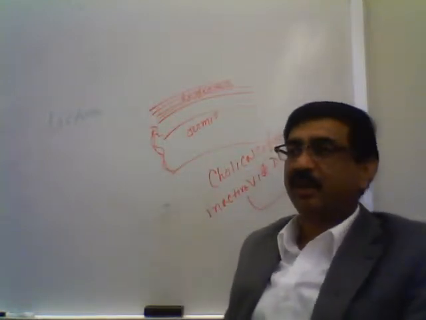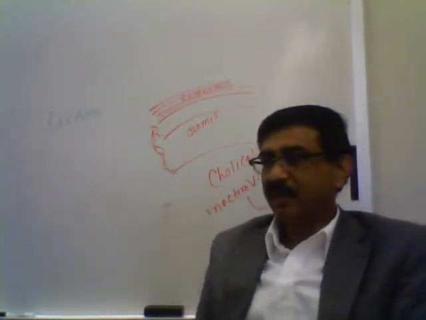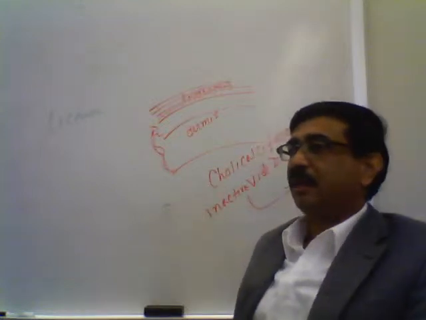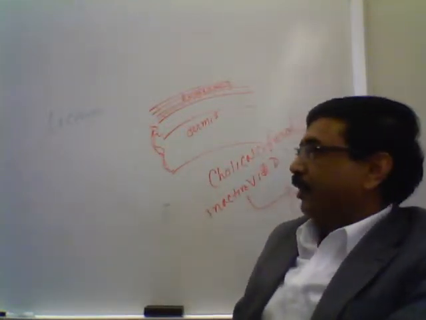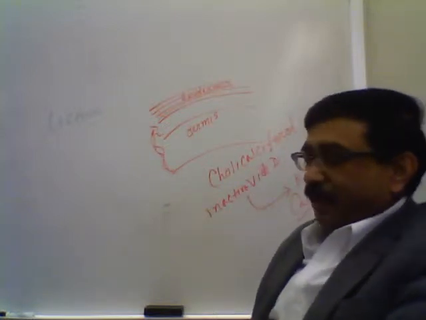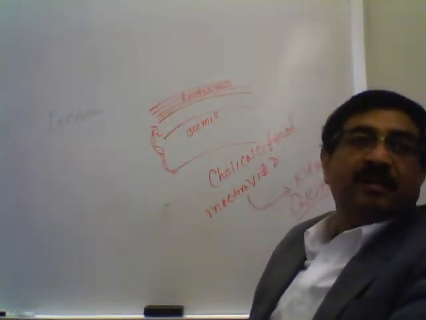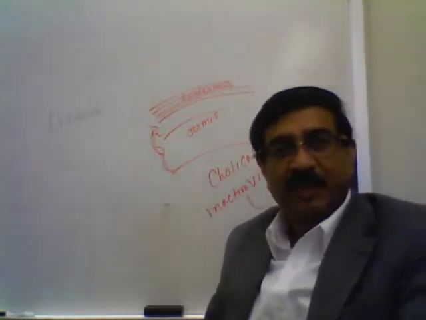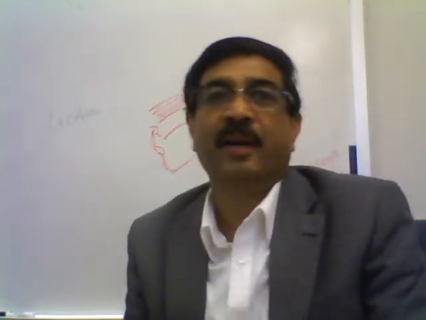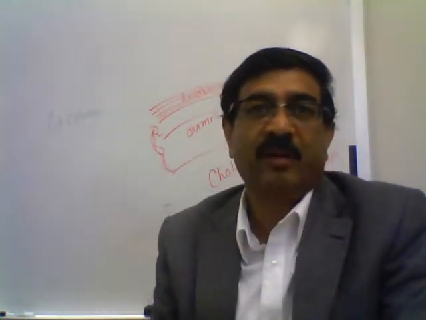Hypodermis is not a layer of the skin. It is under the skin. And hypodermis contains a lot of adipose tissue or fat. So this layer is mainly formed by adipose tissue or fat.